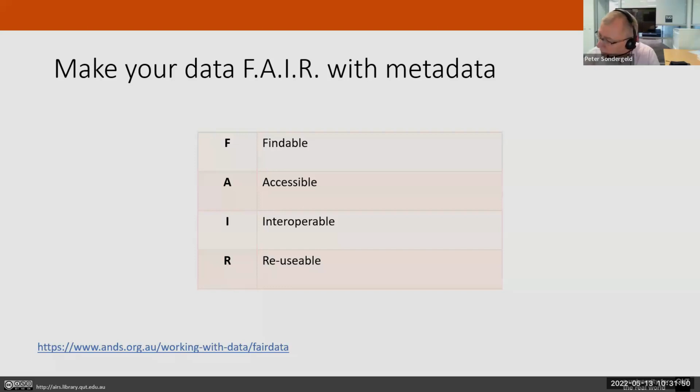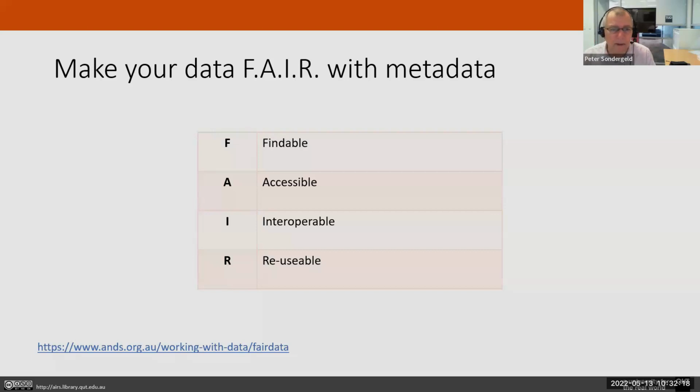Interoperable means that it may also be used by a computer and perhaps compared or combined with other data. So if you've got a data set and there are other data sets that are similar or comparable, being interoperable means that it could be combined to create a larger data set.